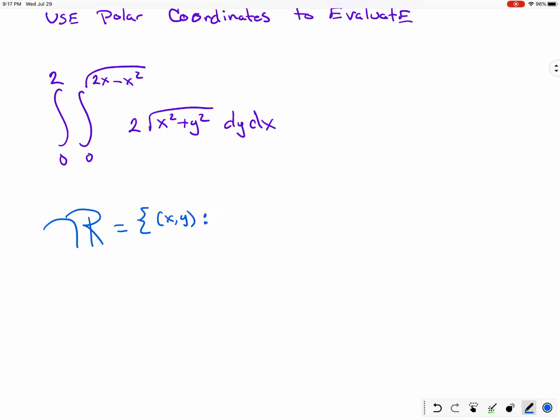So that region is equal to the x's and y's such that x lies between 0 and 2, and I'm getting that from dx being the outside part from 0 to 2.